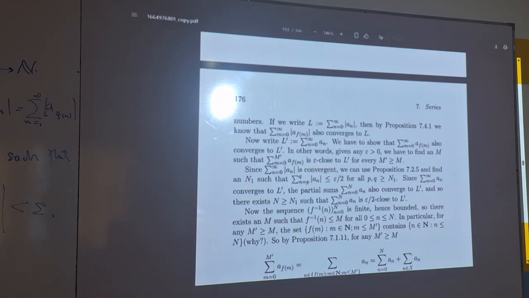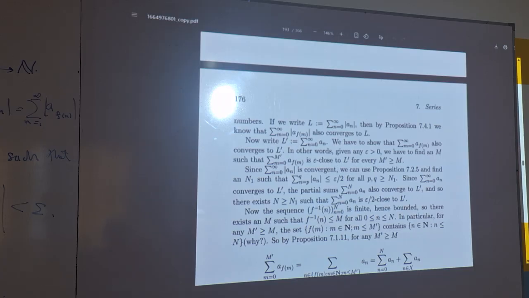He is writing somehow uncomfortable. Since the sum n going 0 to N converges to L, the partial sums converge to L, that I agree. And so there is n1, no? The way he writes there exists n dash greater than or equal to n1, that's not good writing.